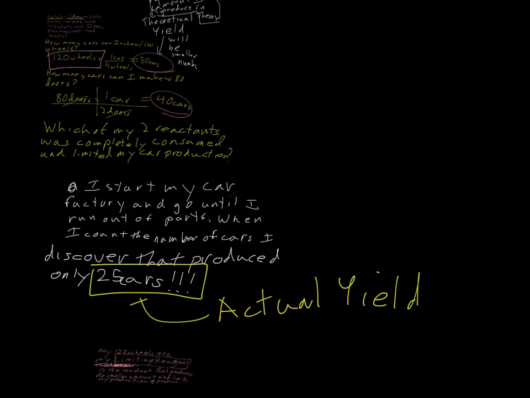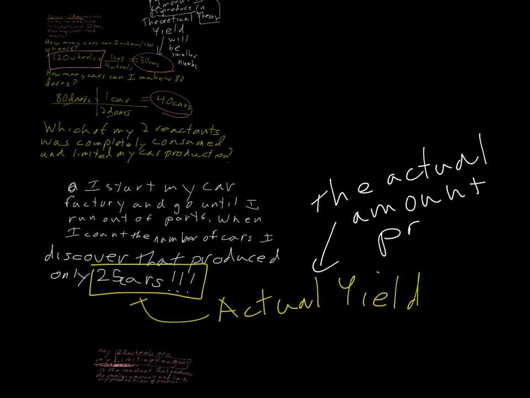What you actually produce in the laboratory is referred to as your actual yield. The actual yield is the actual amount produced in the laboratory.